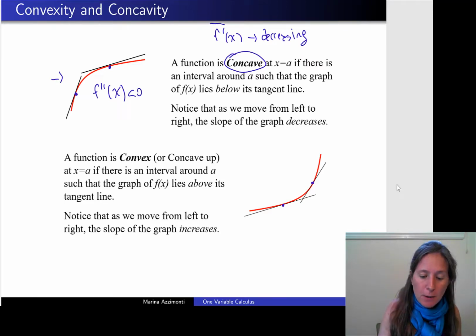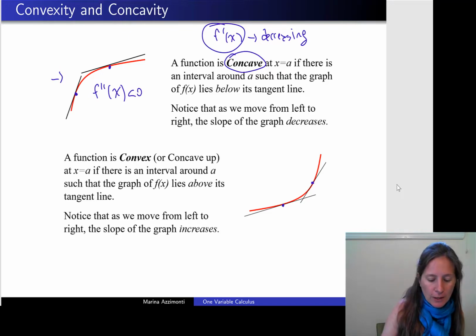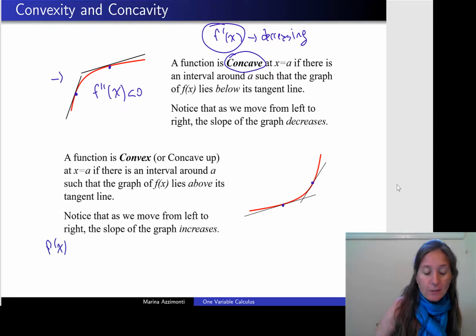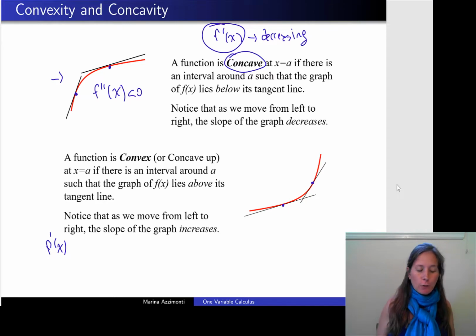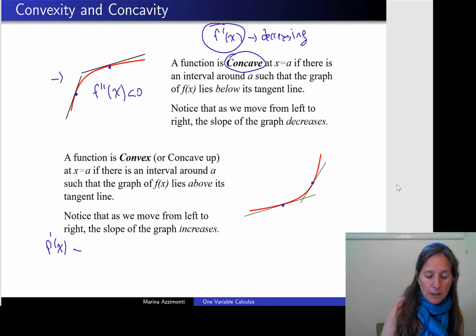So if we take f prime as a function itself, we are saying that the derivative of that function has a negative slope. With a convex function, the opposite happens. We can see from the plot that if we think of the derivative of this function, or the tangent line, as a function itself, this derivative is becoming bigger and bigger. So it's increasing.